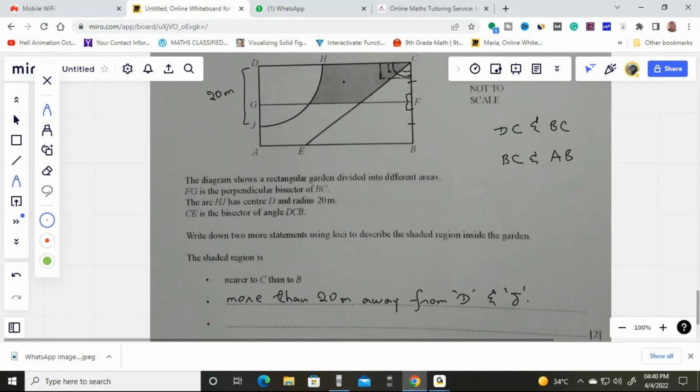Okay. And if you pick up the combination BC and AB, you will say that the shaded region points are nearer to BC and far away from AB, or you can also write nearer to BC than AB. Wait, I can't say nearer to DC than AB.